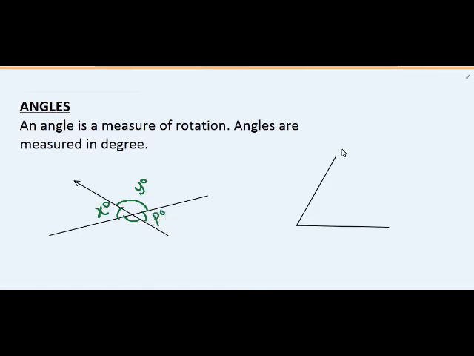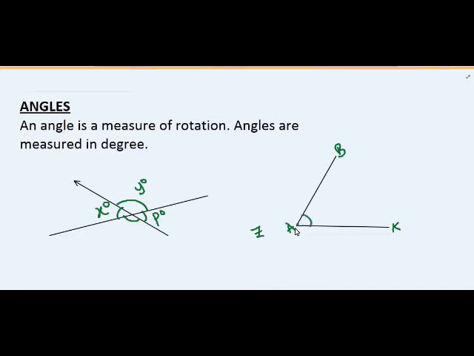Now an angle is formed when two or more lines meet. Let's say this is line AB meeting another line, let's say K, and probably this point was Z before they met. When they met they formed an angle here.